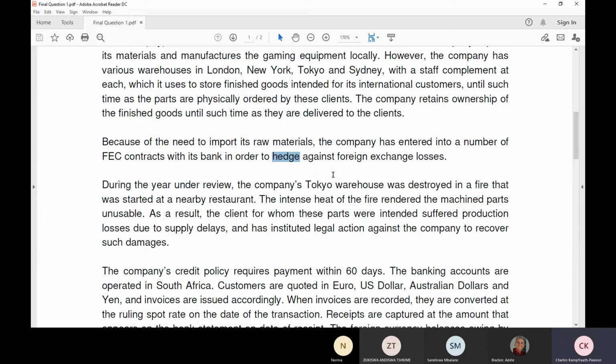Whereas in the future, the exchange rate could have gone against you, the rand could have weakened, and you could have ended up paying more for that creditor than you should have. So you purchase today to hedge yourself against future fluctuations in the currency.